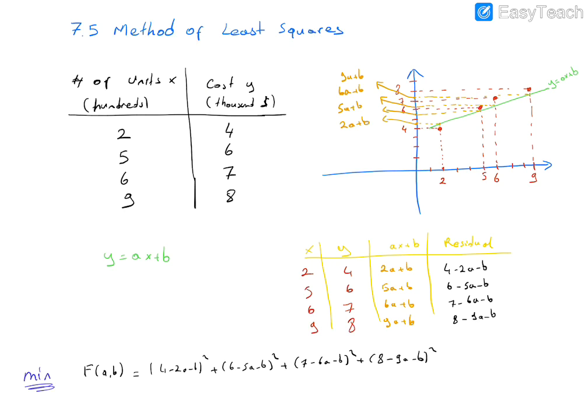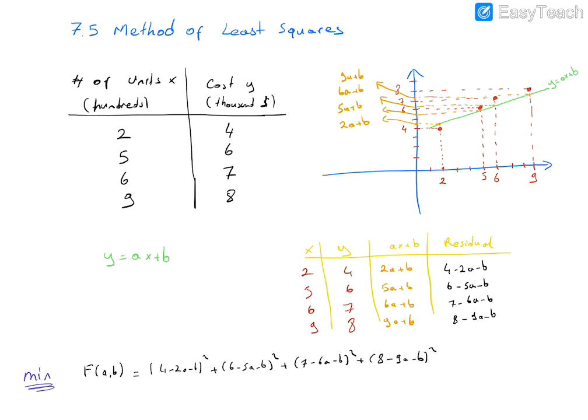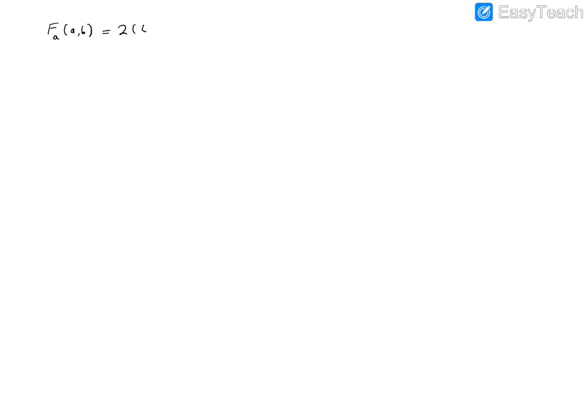To minimize this function, we should calculate all partial derivatives and find the critical points. So the partial derivative of f with respect to a equals 2 times (4 − 2a − b) times, with respect to a we differentiate, −2.